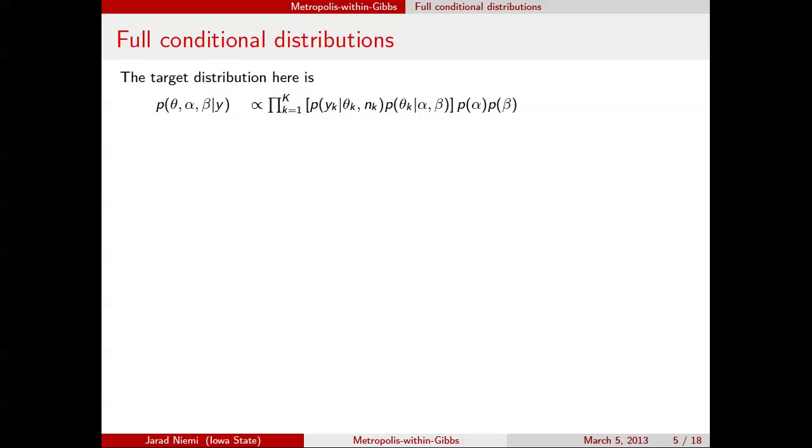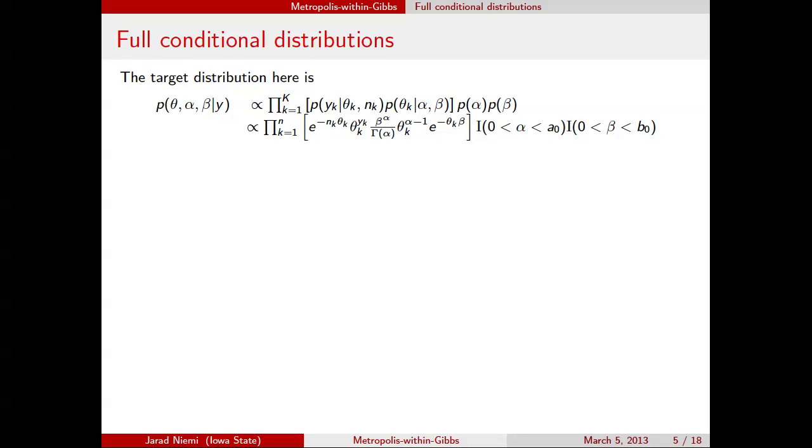Good. Okay, so that's what we have. Here, we've just plugged in the forms for those probability mass and probability density functions, and we've gotten rid of anything that doesn't involve the quantities to the left of the conditioning bar, so anything that doesn't involve theta, alpha, or beta.